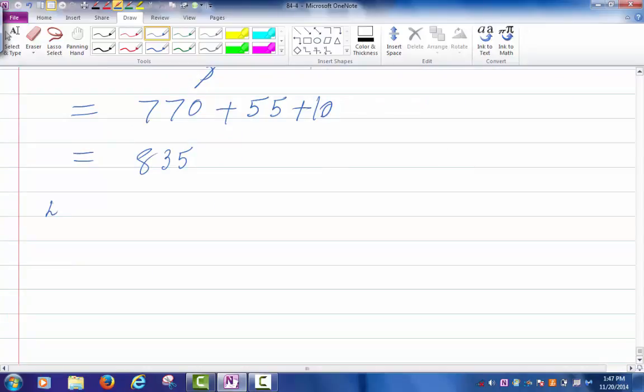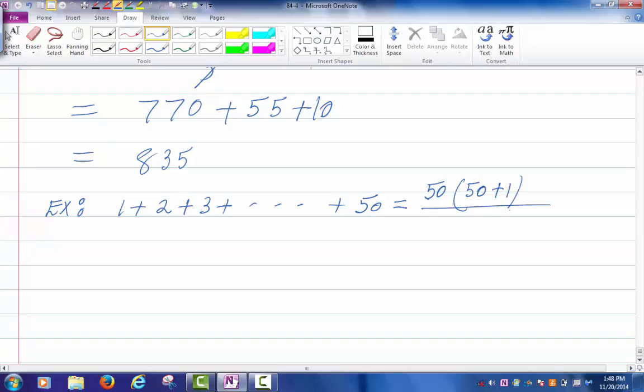Another example. This is a simpler one. Let's say I am adding the first 50 positive integers. First 50 positive integers. So by our formula, this is what? 50 times 50 plus 1 divided by 2, right?